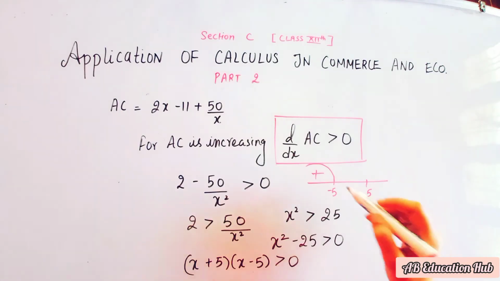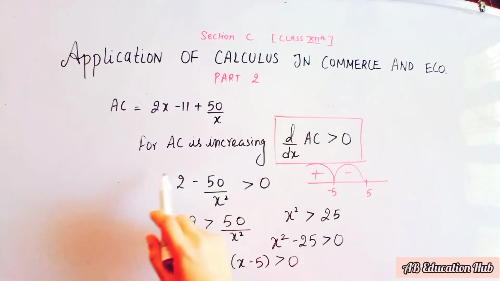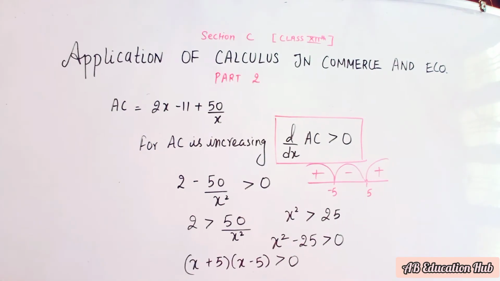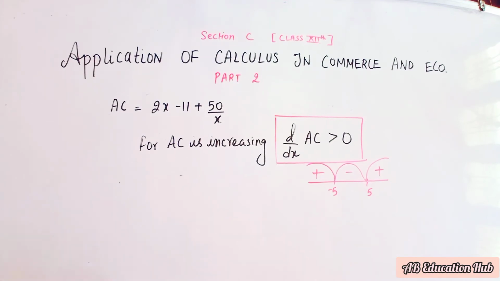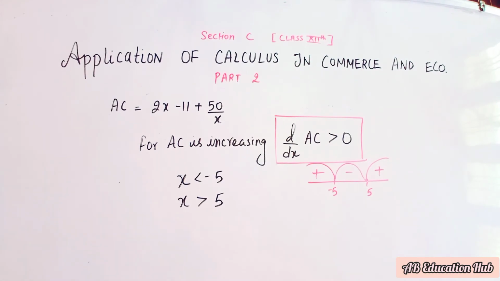So the sign will be negative if we take any value between minus 5 and 5. And if you take 0, it will land up at infinity, which is not defined. Now take any value greater than 5 and put it in the differentiation of AC, that is this function. You will get a positive value. As the sign here is greater than 0, we have to take only the positive values. That is, x less than minus 5 and x greater than 5.